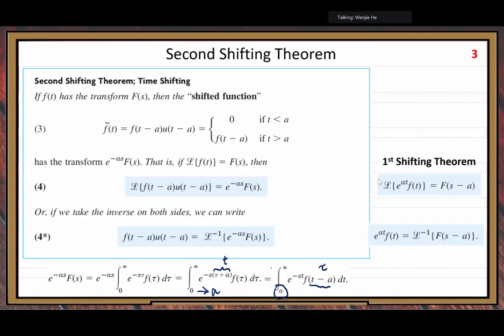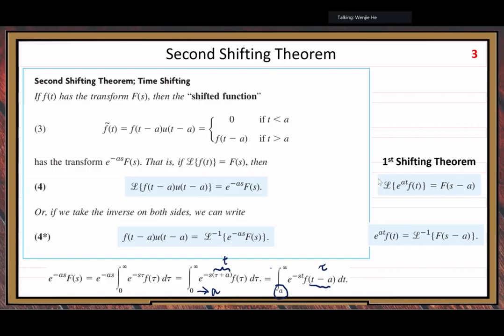Here you can see that's just the Heaviside function, U shifted by a, times f shifted by a. See? So this one you can quickly connect to the definition of this left-hand side.